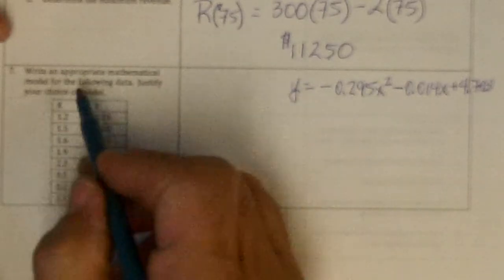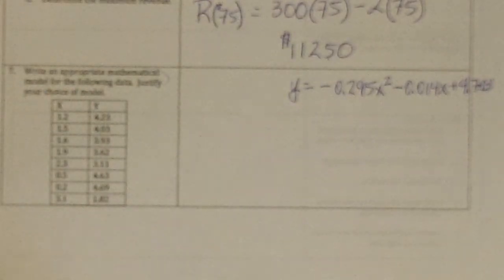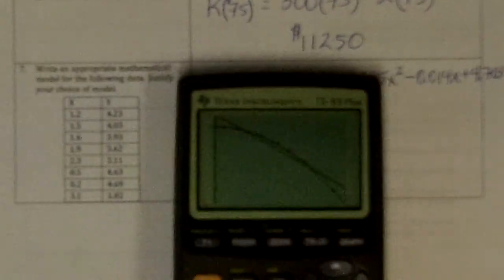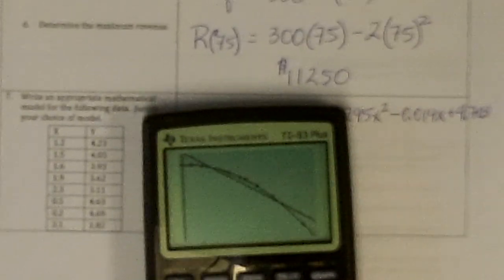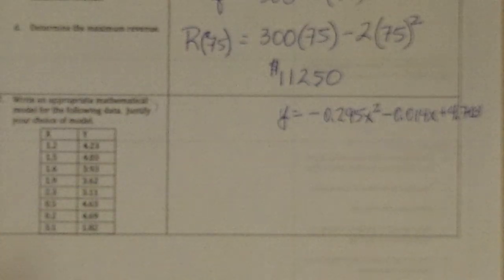And you're supposed to explain to me which model you chose and why. So you may want to do a little bit of a sketch of what it looks like or something like that, so I know how you decided to do the parabola.